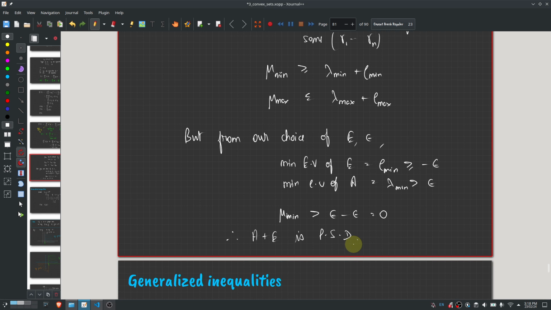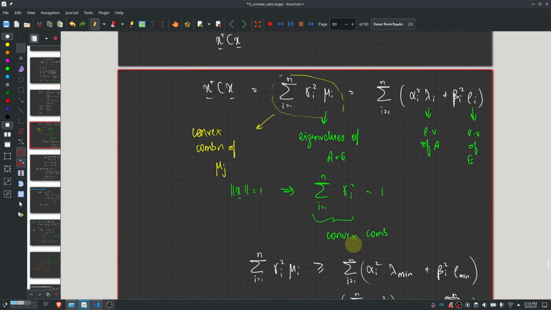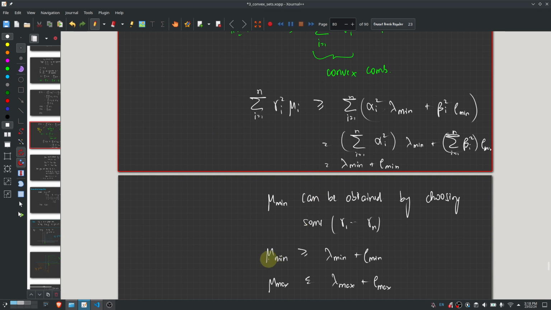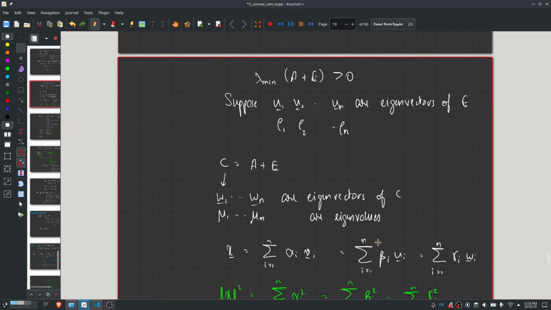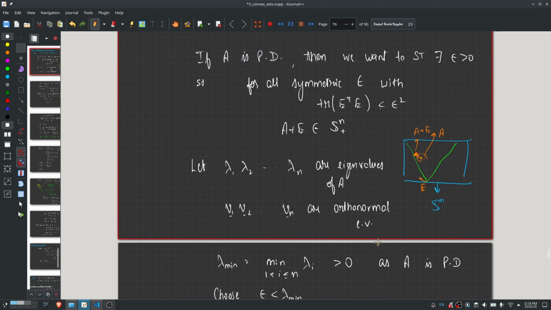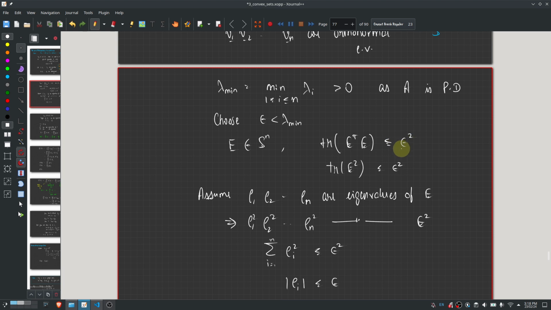Okay, so just to quickly recap, there were two things. One, we showed that given any symmetric matrices A and E, the minimum eigenvalue of A plus E is greater than or equal to the minimum eigenvalue of A plus the minimum eigenvalue of E. Since we know that A is positive definite, we chose this particular epsilon such that it is strictly less than the minimum eigenvalue of A. It is less than lambda min.